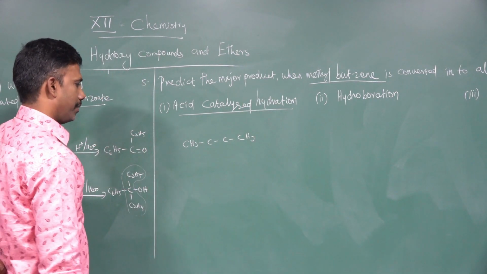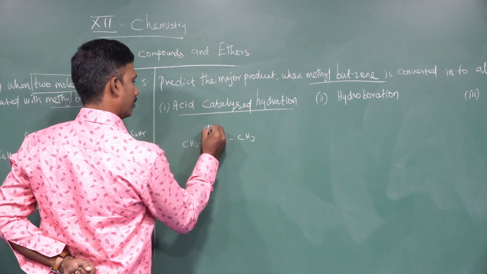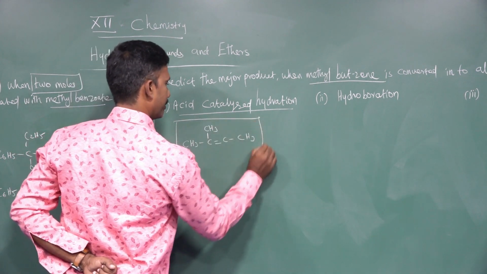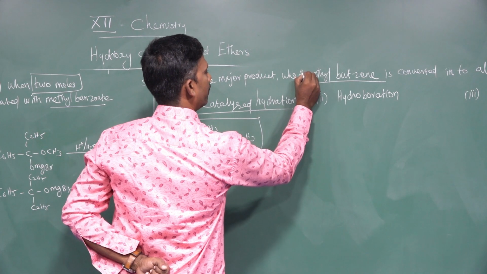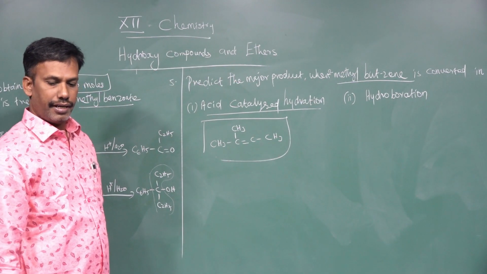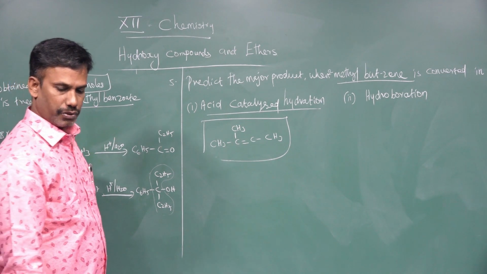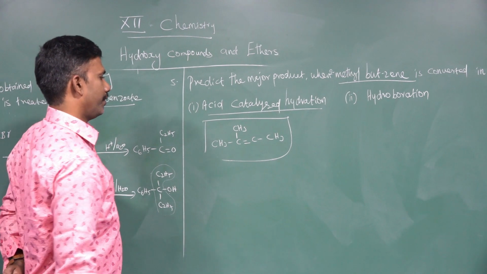Okay, this is a butene, 2-butene, 2-methyl-2-butene. In the question, 2-methyl butene should be 2-methyl-2-butene. It is an unsymmetrical alkene. 2-methyl-2-butene is an unsymmetrical alkene.